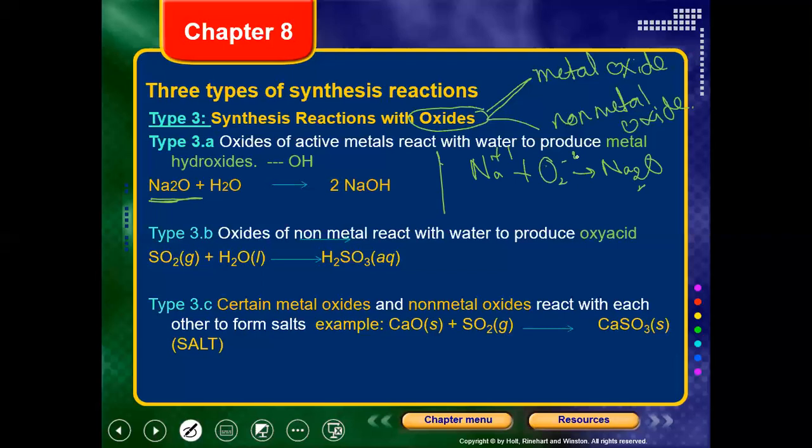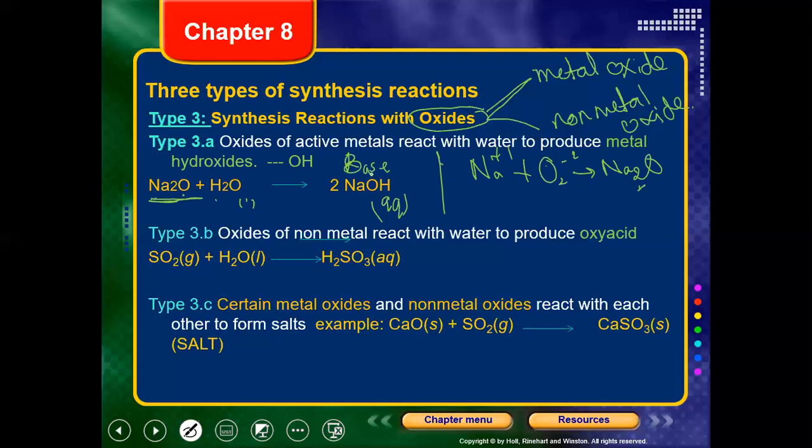So you will get Na2O. Sodium oxide, Na2O, reacts with liquid water, producing metal hydroxide. So be careful in this one. Again, metal oxide with water produces metal hydroxide, which is a base.